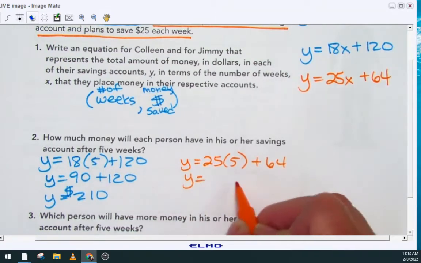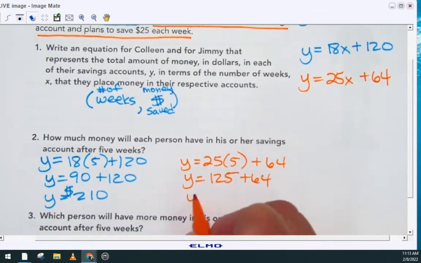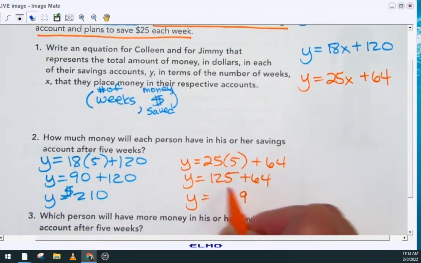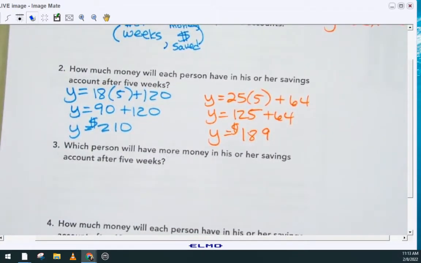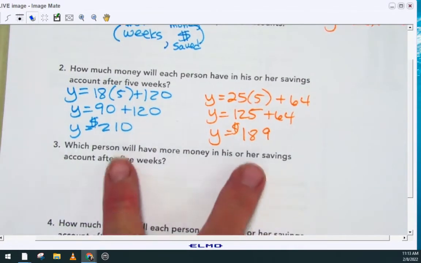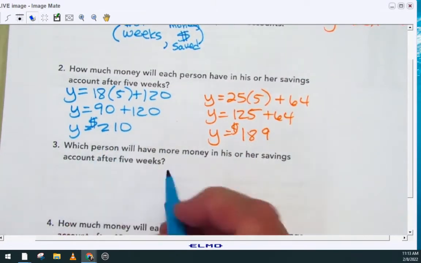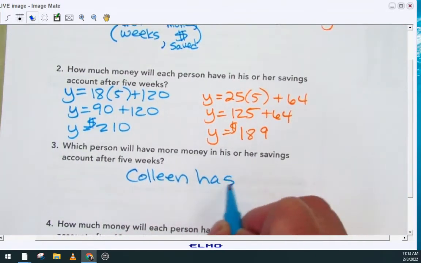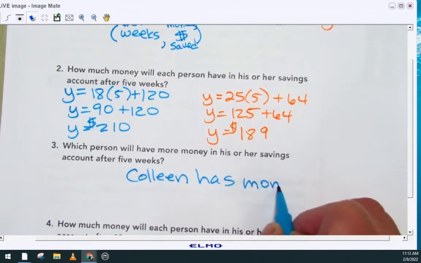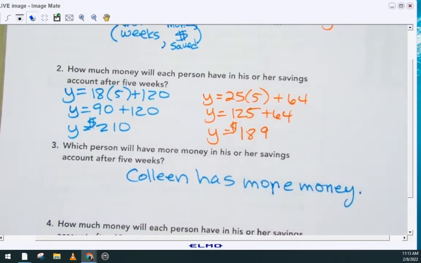And when I do that, that would give me 125 plus 64, which is 189. $189. Which person will have more money? So which of these two people would have more money after 5 weeks? Hopefully you notice that Colleen has more money.